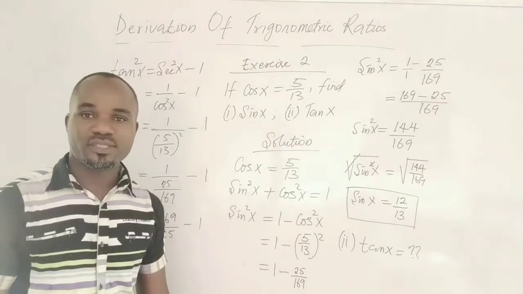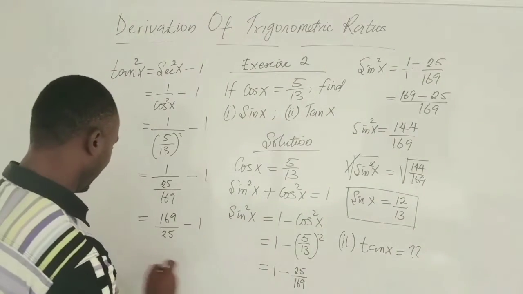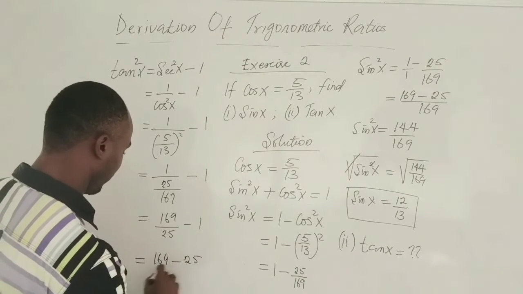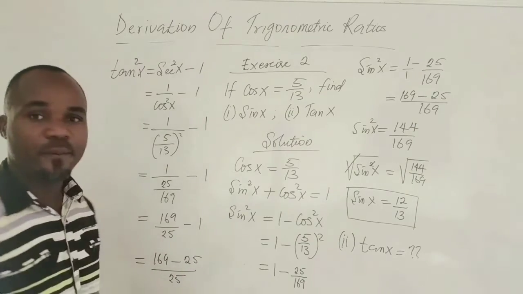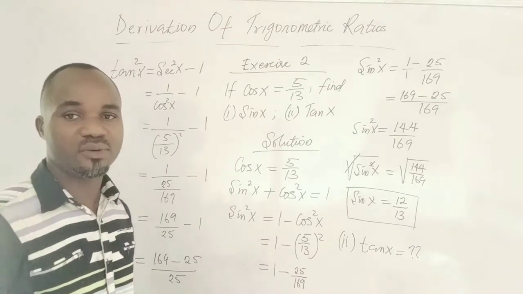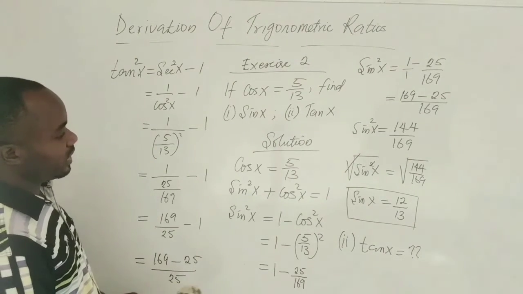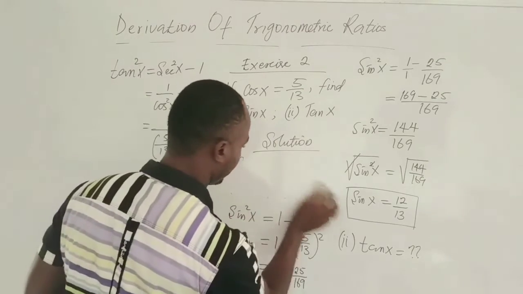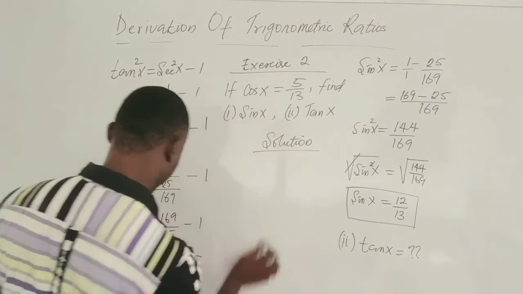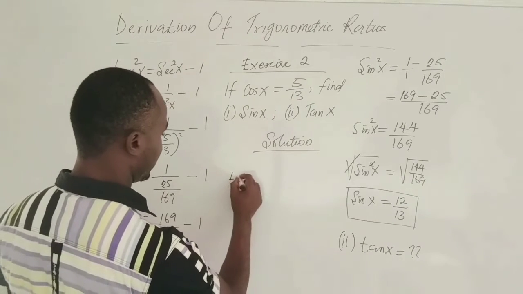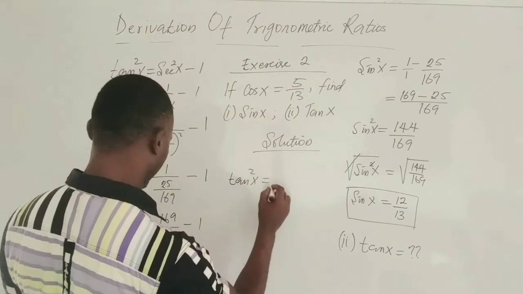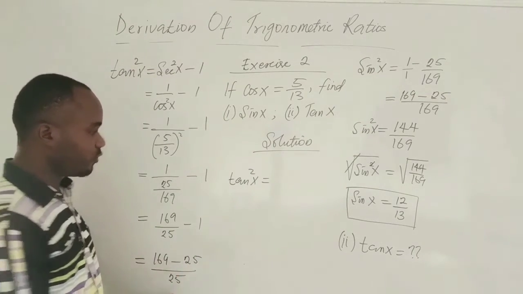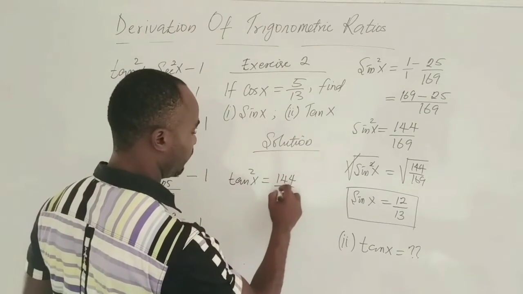At this point, we need to find the LCM once again, and we arrive at 169 minus 25 over 25. So that is how it can be solved. So the next line of action here is for us to consider what is before us. Tan x squared is equal to 169 minus 25 over 25, which will give 144 over 25.